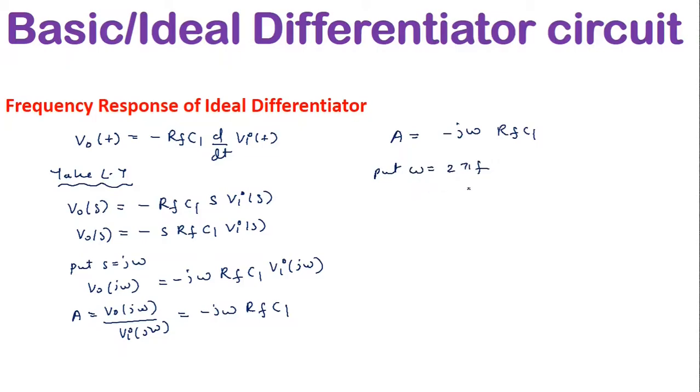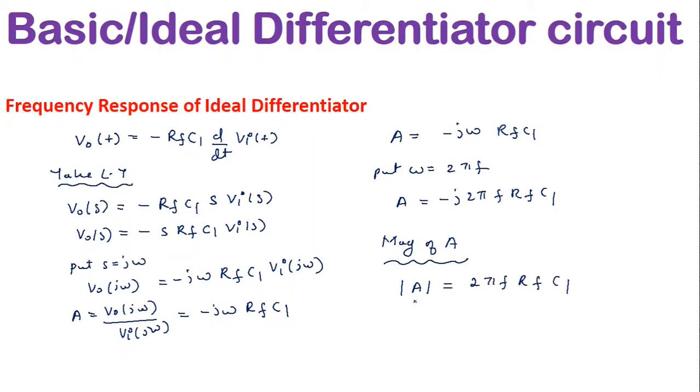Now we put omega equal to 2 pi f in this equation. Then the gain will be minus j 2 pi f RF into C1. When we take the magnitude of this gain A, it will be equal to 2 pi f RF into C1. When we represent this value in decibels, the magnitude of gain in decibels is equal to 20 log of 2 pi f RF into C1.